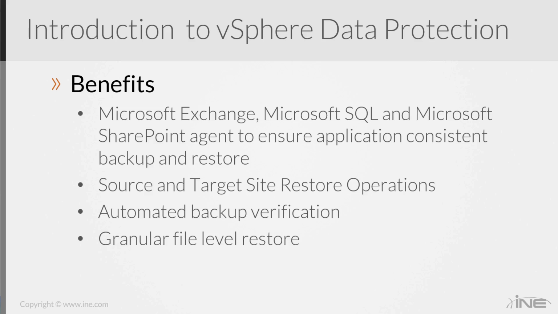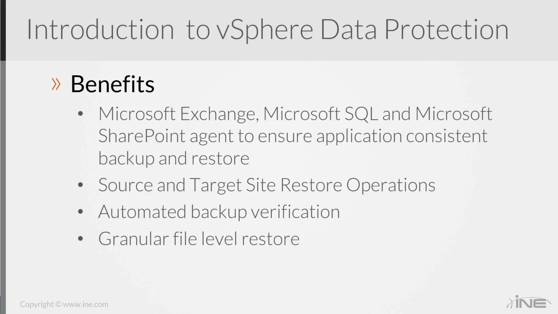This is especially useful in cases where our source VM may no longer be available, and we need to restore from the target site. VMware also calls this direct to host emergency restore. So it's basically restoring a VM with the vCenter Server being offline.